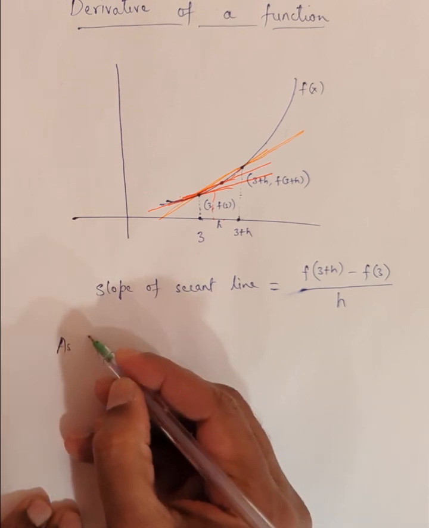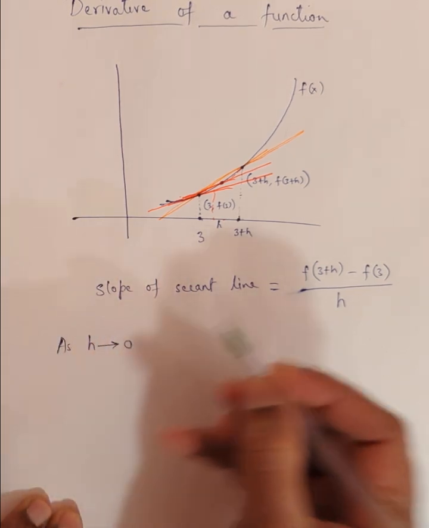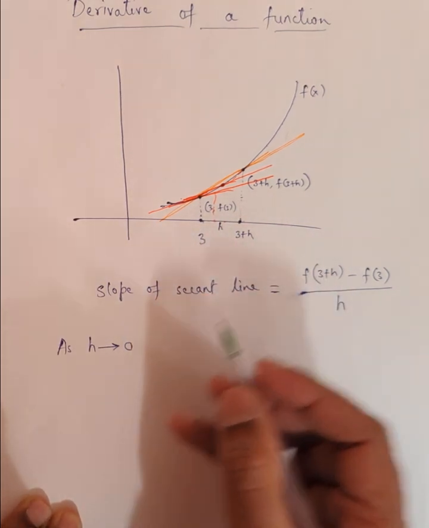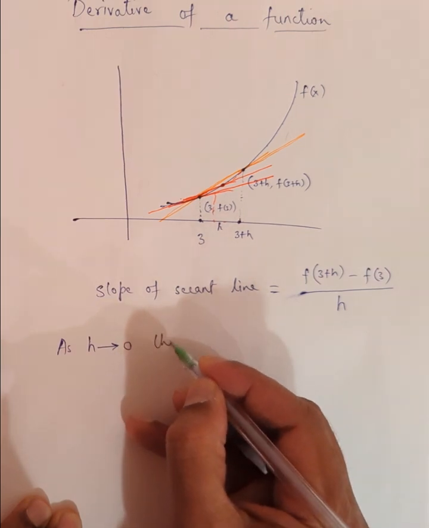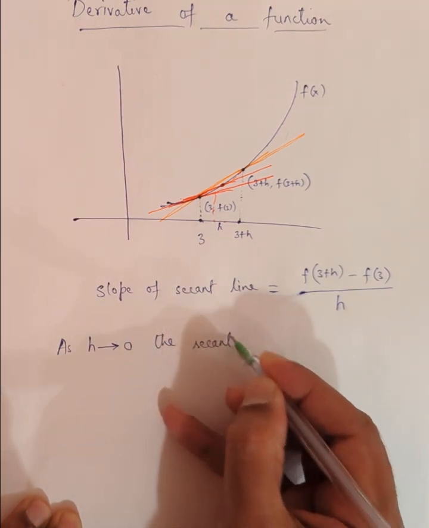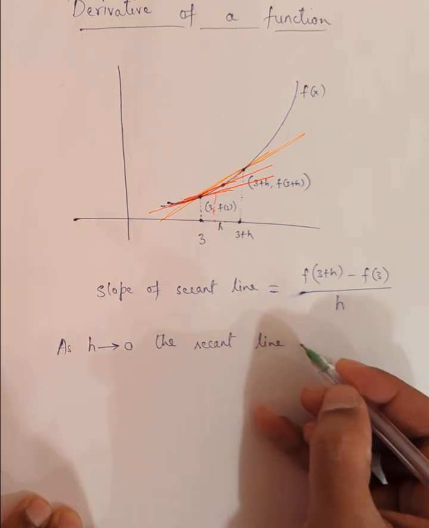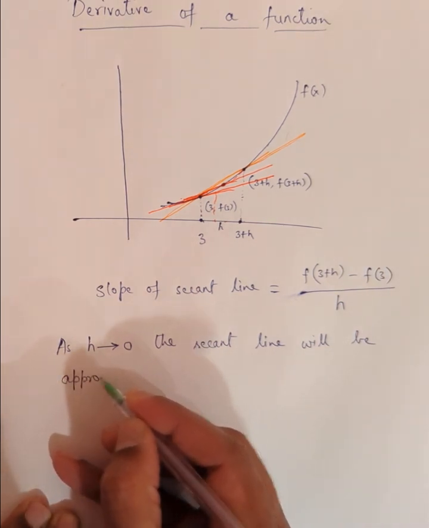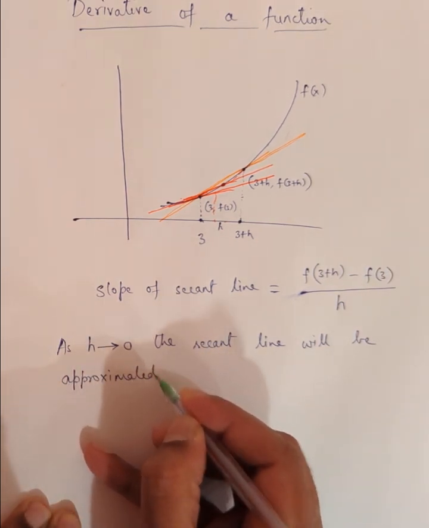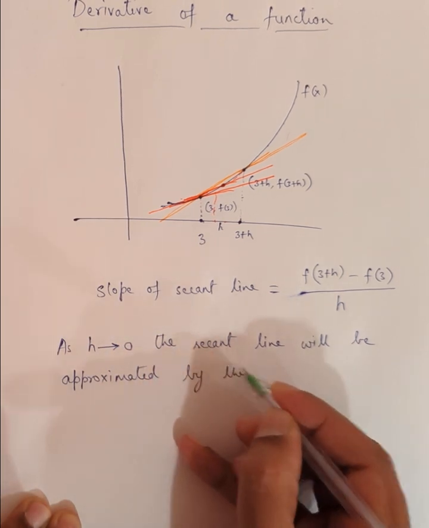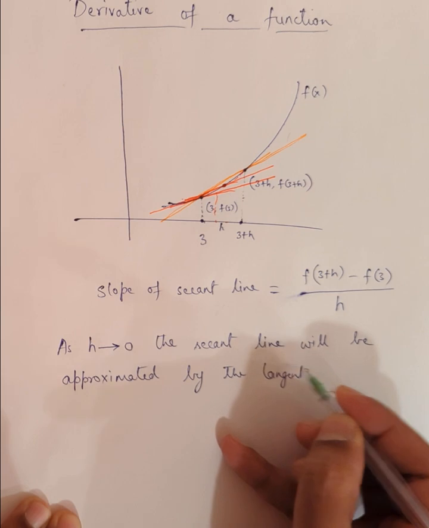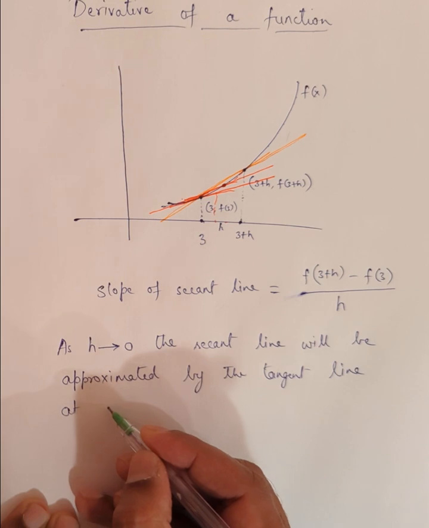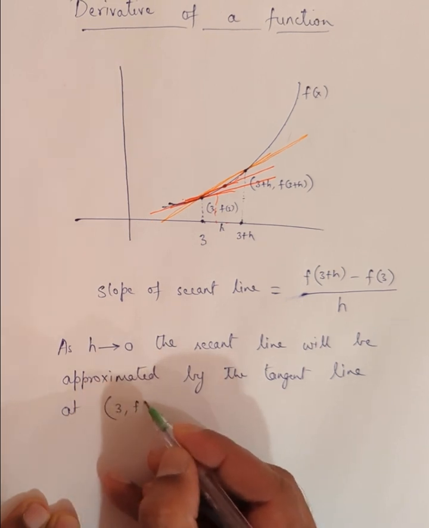As h approaches 0, which means this gap is getting smaller and smaller, then the secant line will be approximated by the tangent line at the point 3 comma f of 3.